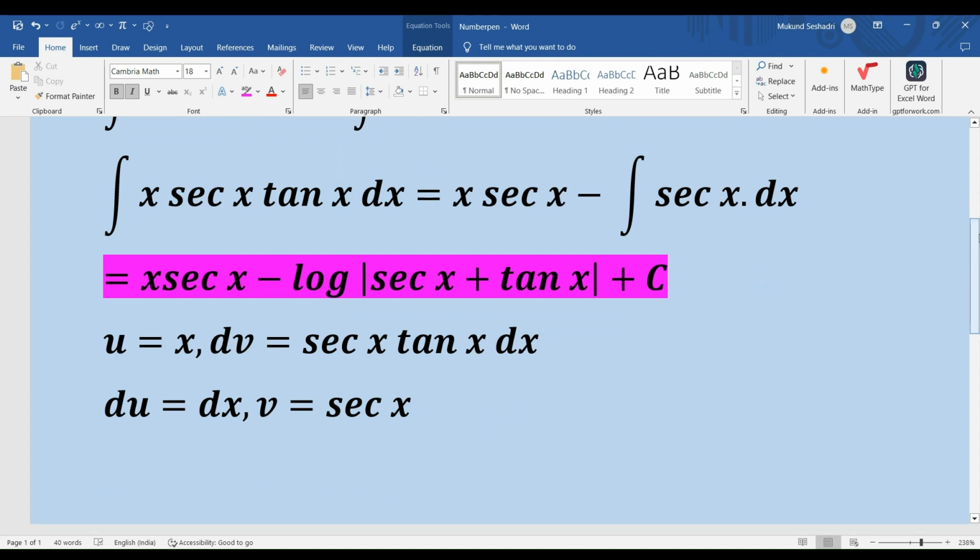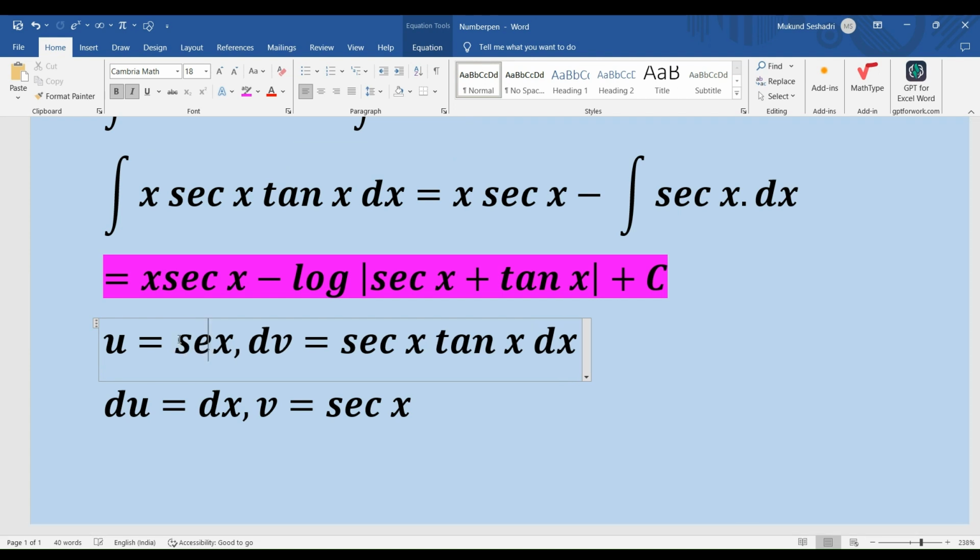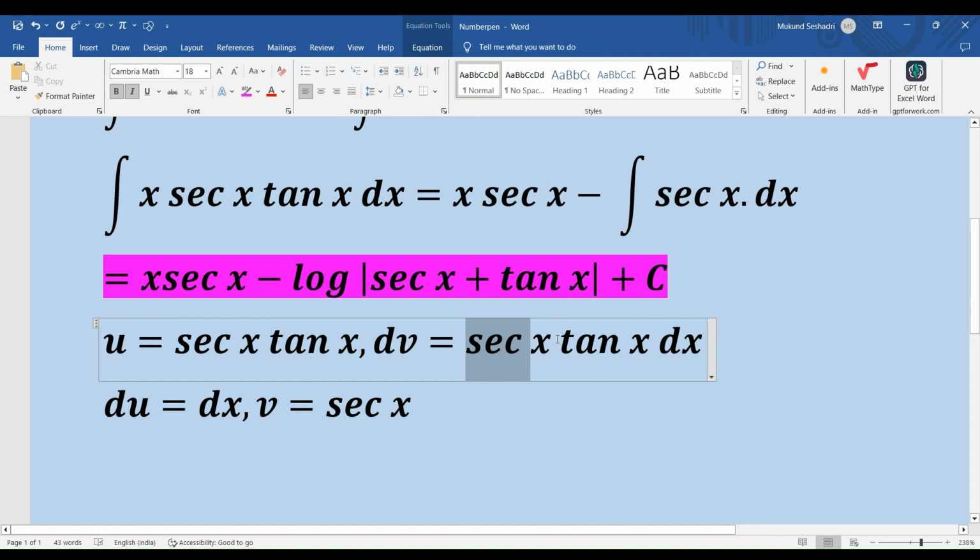So let's take a minute to go back to the substitution of u and dv, and we will spend a few minutes here. Now assume I had used the other substitution, which is possible, which is u equals secant x tan x and my dv equals dx.